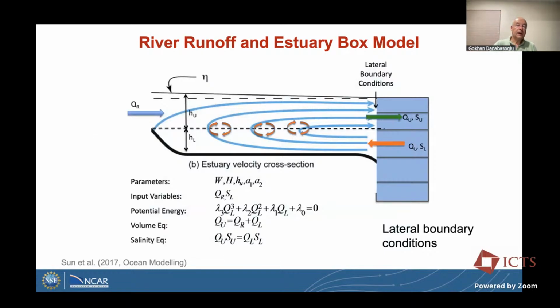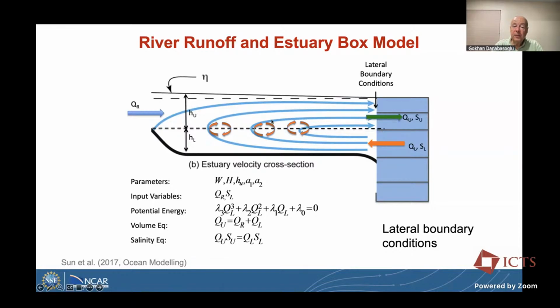So in our section with university collaborators, they actually implemented a river runoff and estuary box model. What this parameterization does is it actually accounts for mixing that happens in the estuaries. The left side here is where the estuary is. And then the right side is showing the vertical distribution of ocean grids next to the land boundary. The Qs, or these arrows, are showing simply volume conservation.